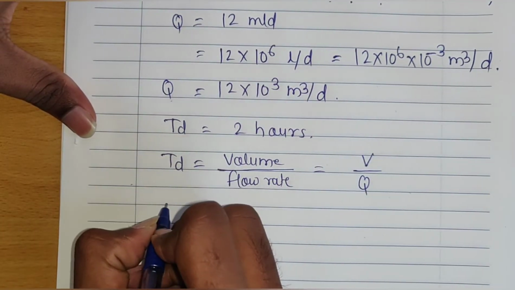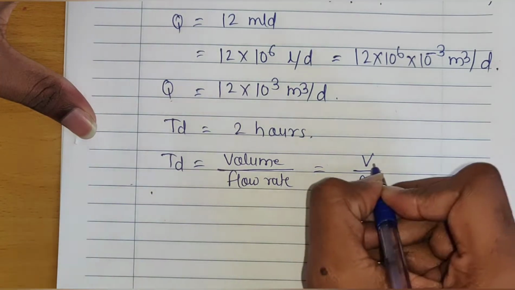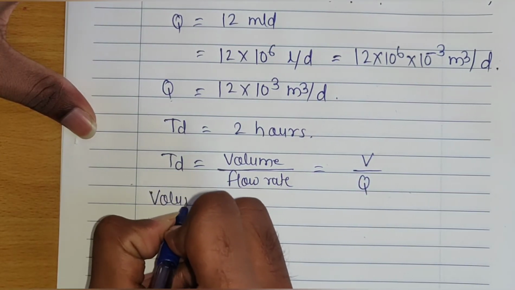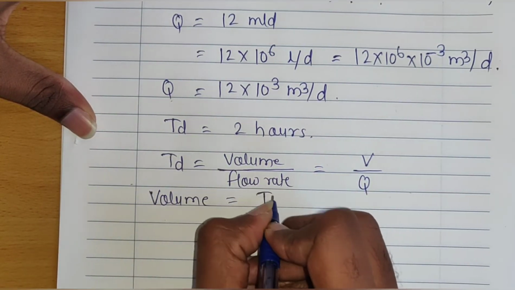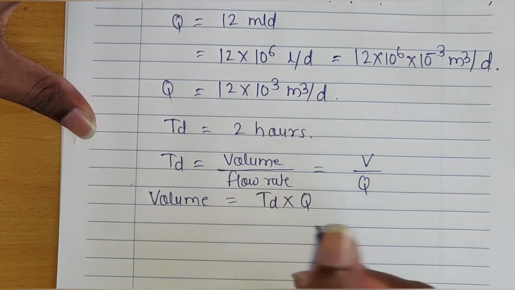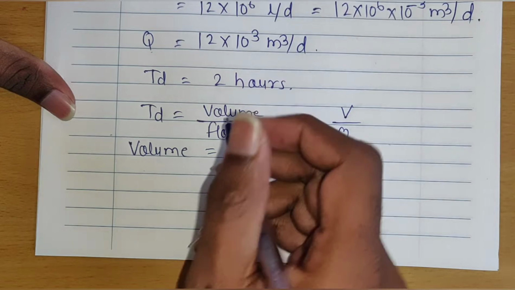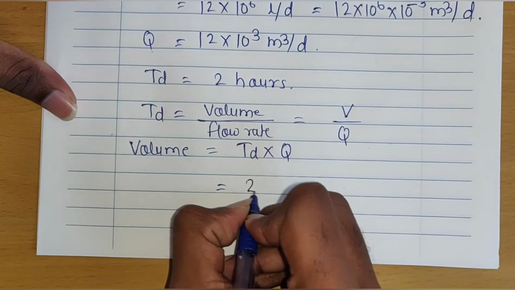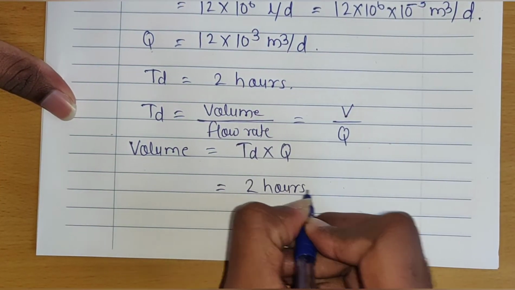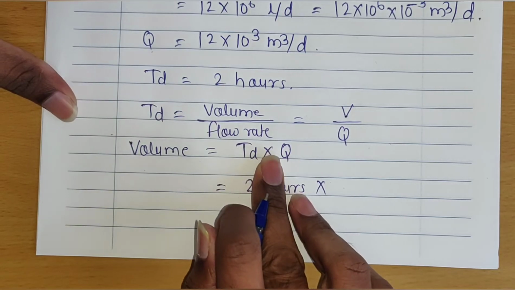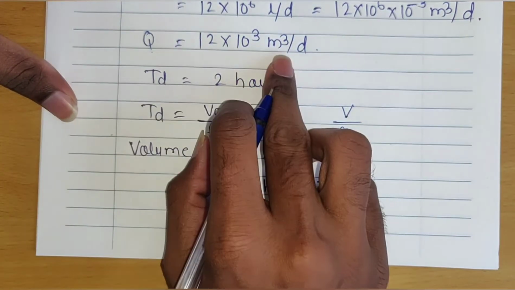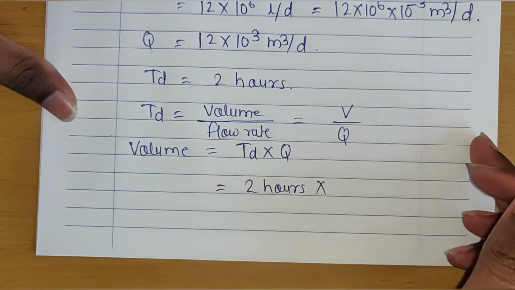So volume can be written as detention time TD into Q. Detention time we have assumed as 2 hours, into the value of Q.